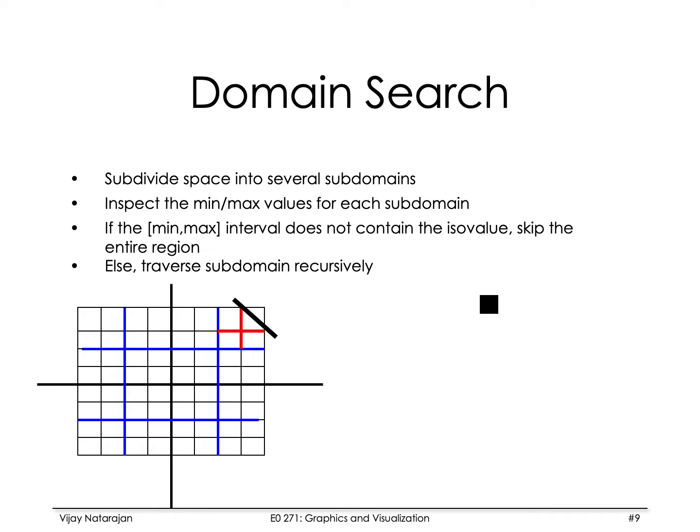I check if C is contained within this min max interval. Let's say yes. So I traverse the subdomains recursively. I look at all 4 subdomains and I check their min max.